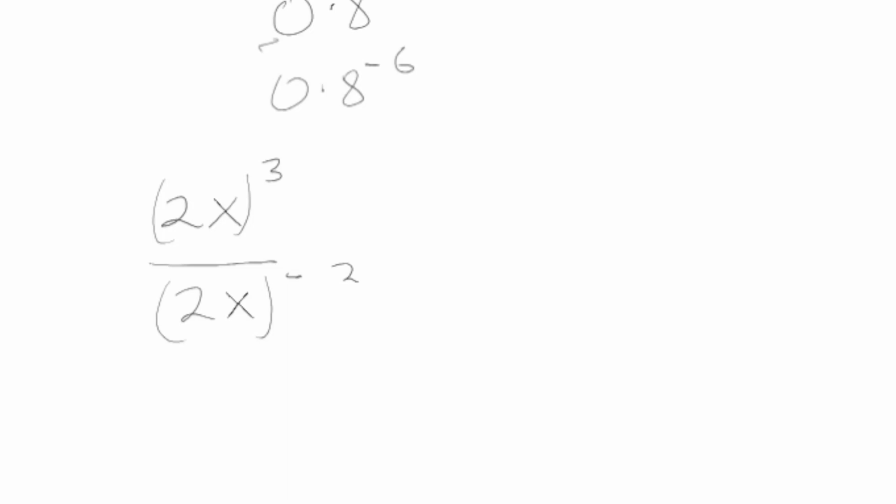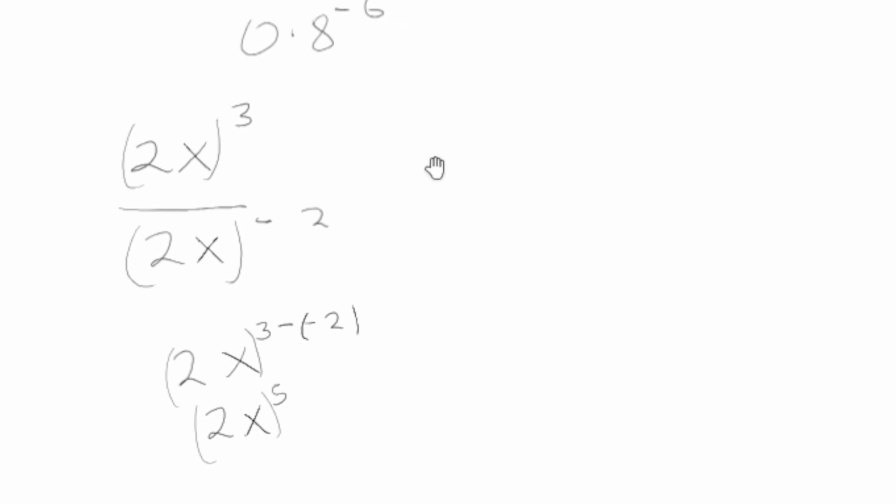Since they are dividing, I only need to subtract. So 3 minus negative 2 gives me positive 5. So 2x exponent 5 would be my answer. Put it in parentheses; if I don't put it in parentheses, it will mean a different thing. So all should be in parentheses.